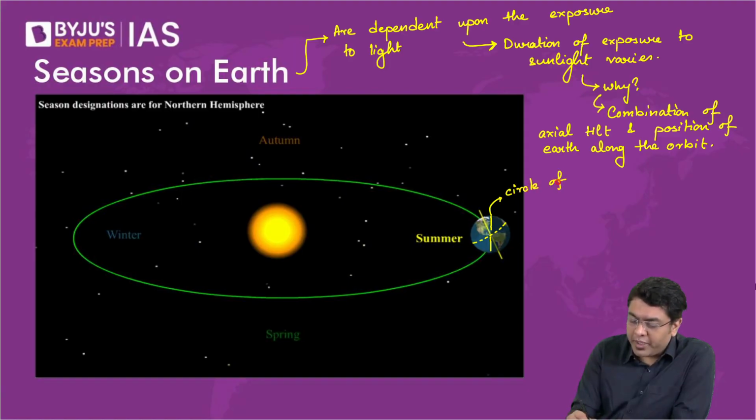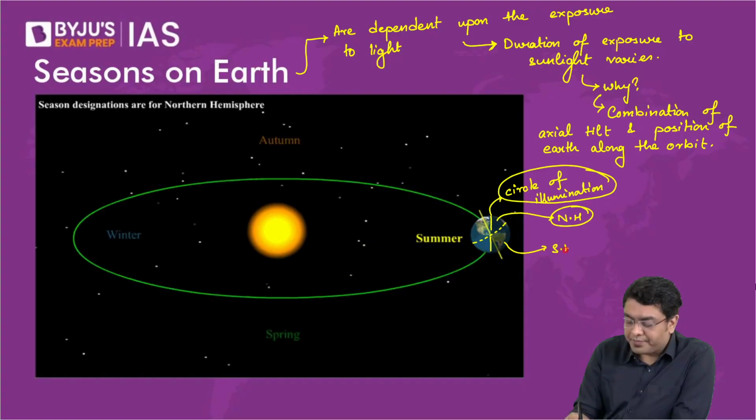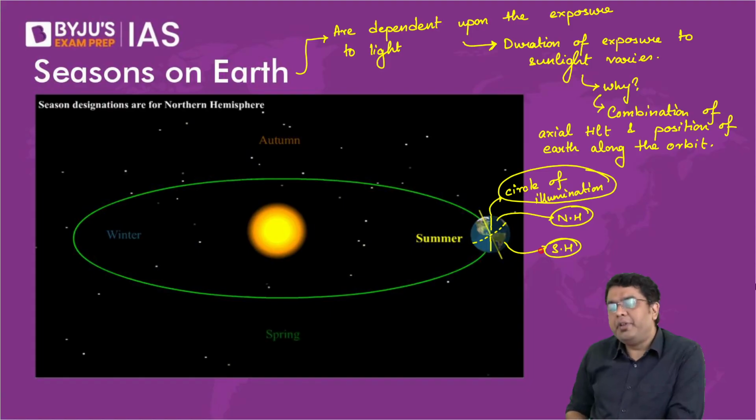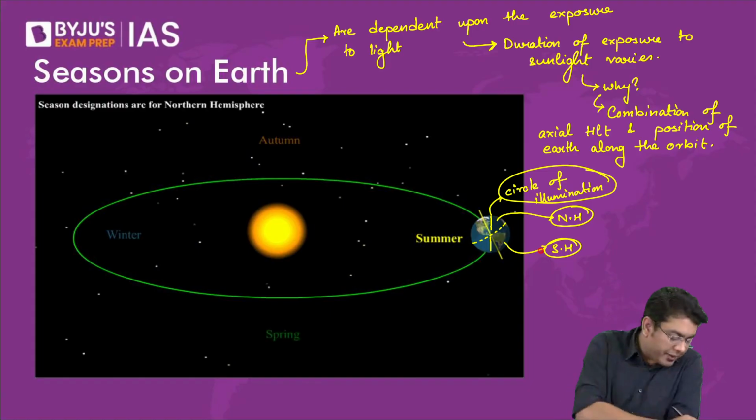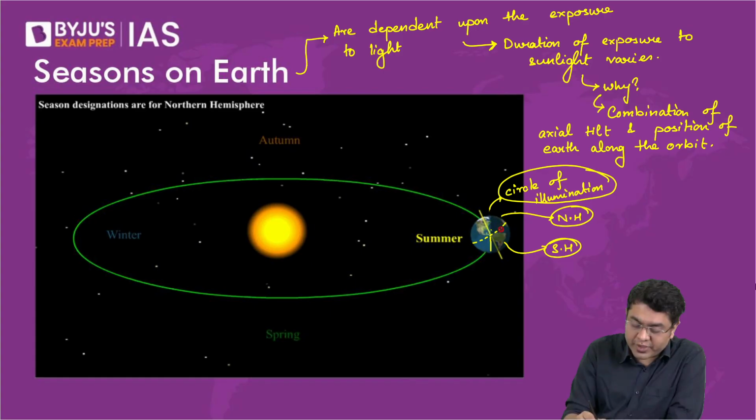Now the portion in the northern part of the planet, that is the northern hemisphere, and this will be the southern hemisphere. Now in this position, after observing the image carefully, let me erase the portion of circle of illumination so that you are able to distinguish between daytime and nighttime on your own.